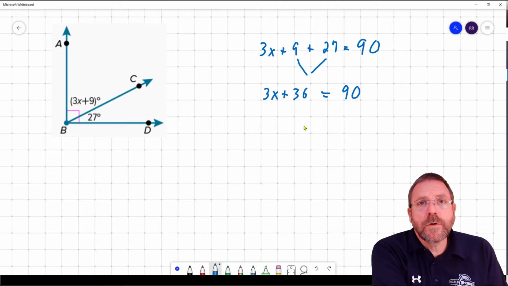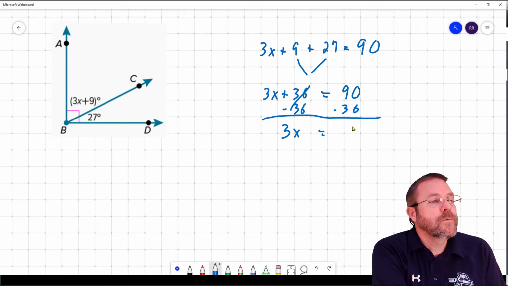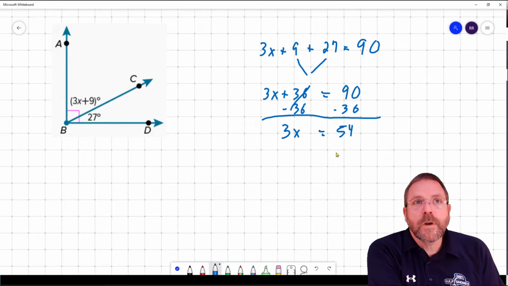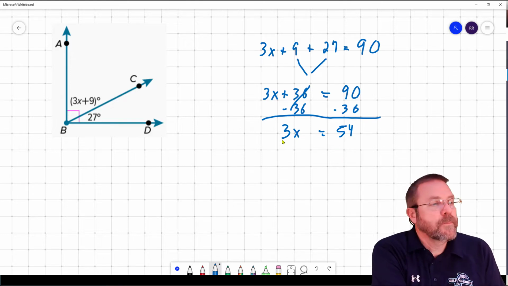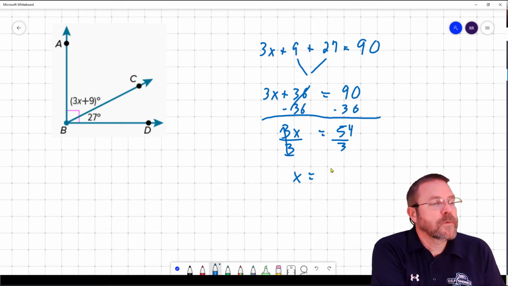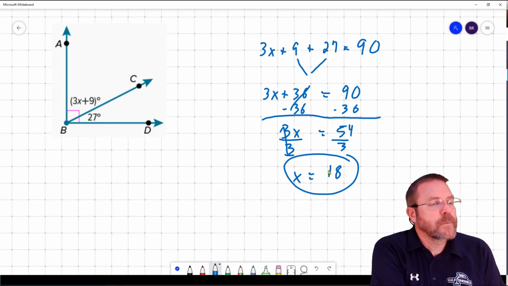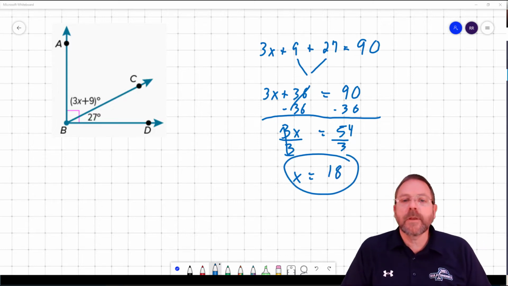Next, I'm going to undo addition and subtraction by subtracting 36 from both sides. These are going to zero each other out, leaving 3x is equal to 54. And finally, we're going to undo multiplication by dividing both sides by 3. These divide out, becoming 1. 1 times x is x, and 3 is going to go into 54 18 times, I believe, if I did that math right in my head.